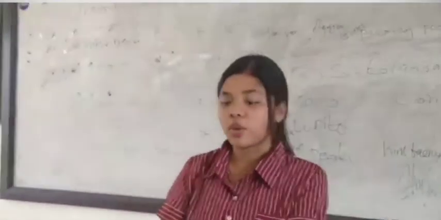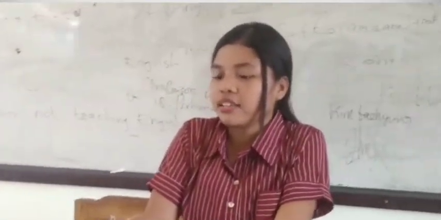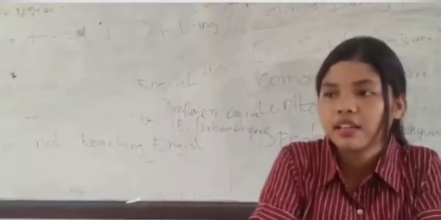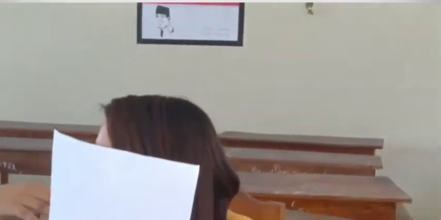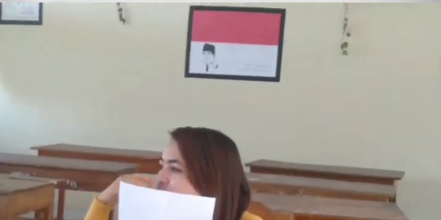And then the first question: what are the interesting things on Kuta Beach? Everybody knows the answer? Okay, Mariana, please. Beautiful scenery and beaches suitable for swimming. Okay, thank you.